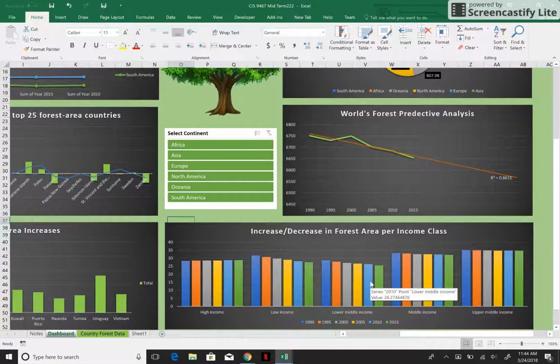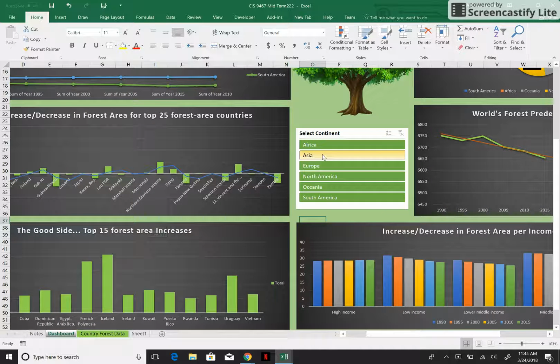Now, if we could use this data and connect it to the data that we use for each country, and combine them, we can validate that low income countries in each continent should be going through significant deforestation.